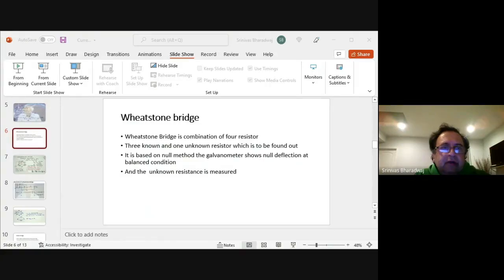So we looked at Kirchhoff's laws, and then we looked at the Wheatstone bridge. Now, when we look at the Wheatstone bridge, you're typically looking to measure resistance in a range, with a certain accuracy. So how do you do that?